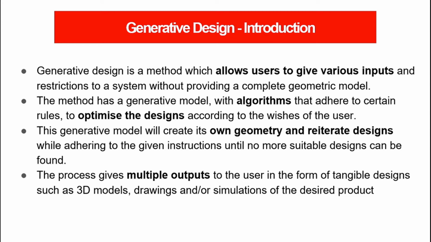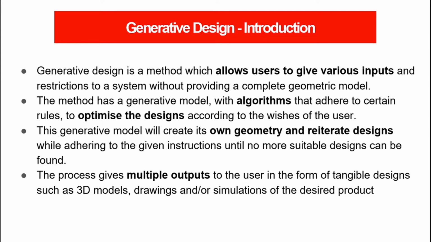In the model we give as input, it would have multiple iterations across different constraints. We stipulate those constraints, and based on those stipulated constraints, it looks at what kinds of modifications can be brought in through this generative design. A key feature of generative design is that it provides multiple outputs.